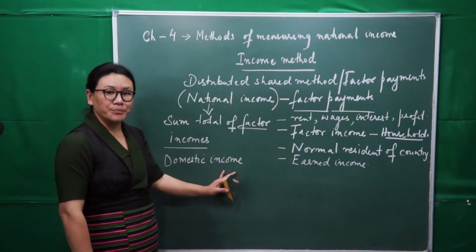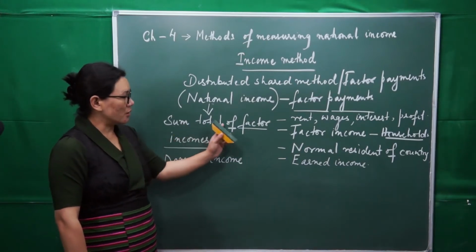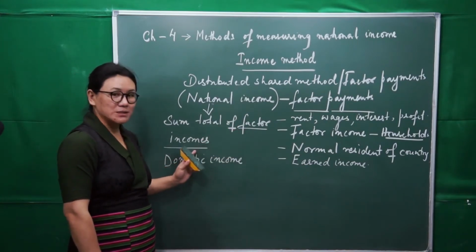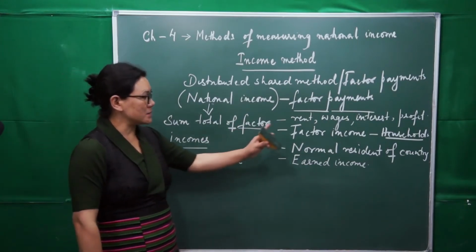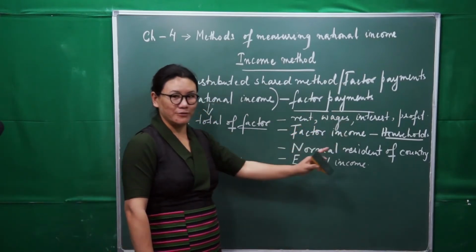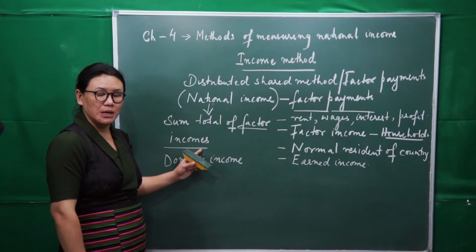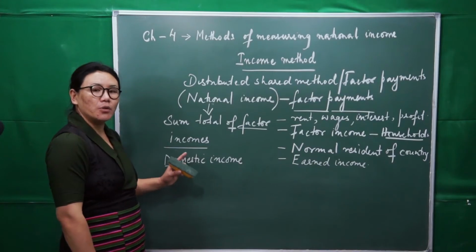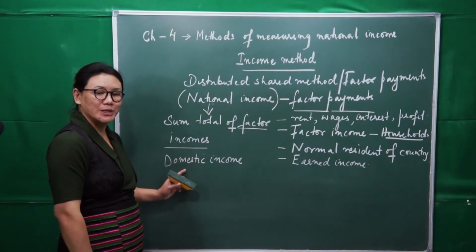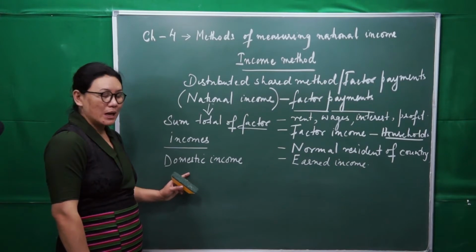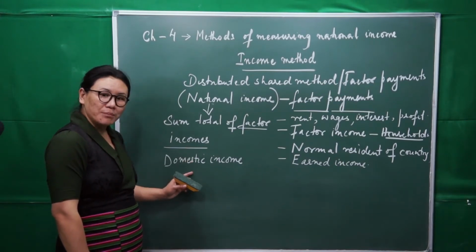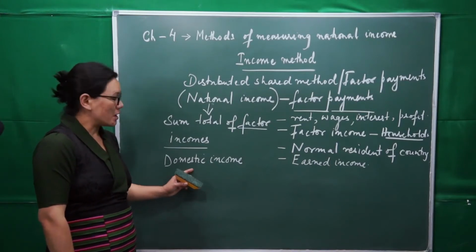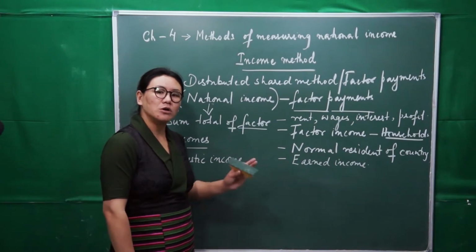Now domestic income is the sum total of factor incomes, which is nothing but rent, wages, interest, and profit, generated within the domestic territory or the economic territory of a country during 1 year. This income can be generated by anybody, whether a resident or non-resident.